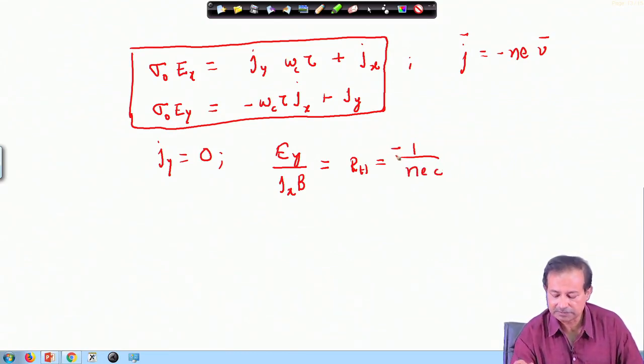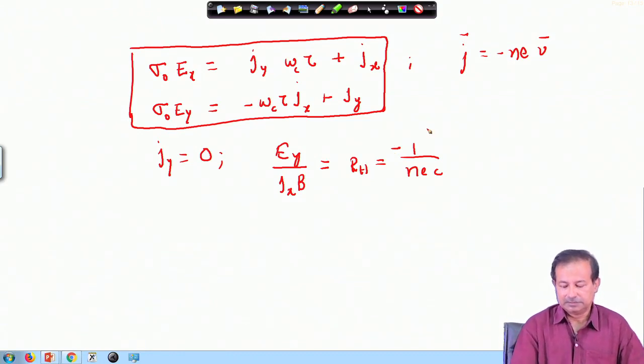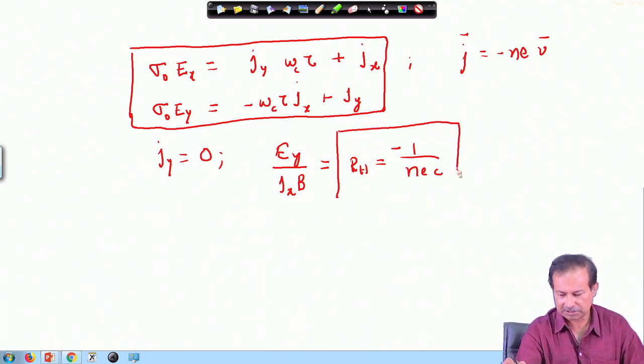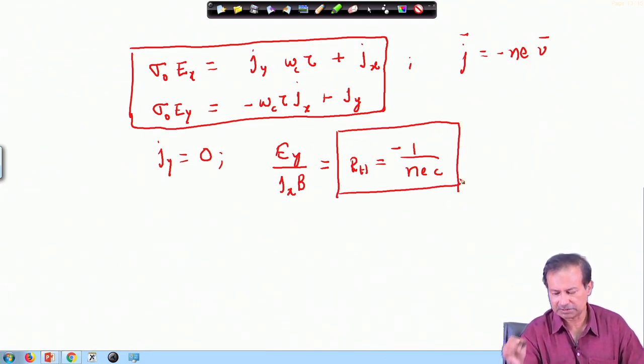This minus sign is very important, because this is how I defined R_H. So, R_H turns out to be minus 1 by n e c.